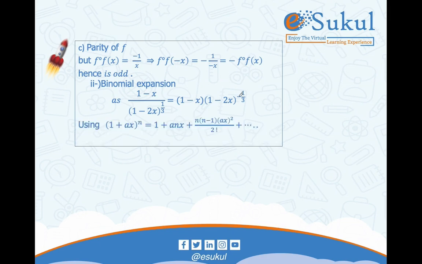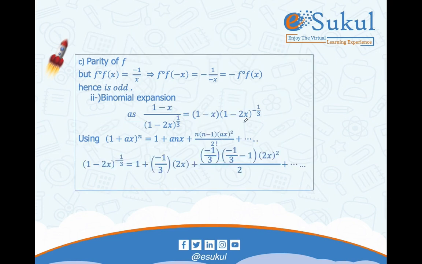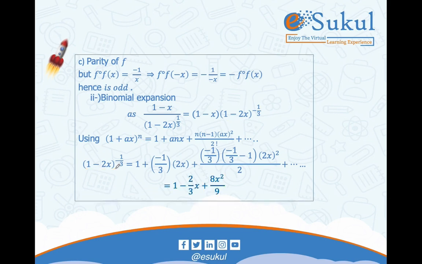Therefore, we can use the general expansion procedure, which says (1 plus ax) to the power n gives us 1 plus anx up to the term x squared. So using the binomial expansion, (1 minus 2x) to the power -1/3 generates 1 minus 2 on 3x plus 8x squared over 9.